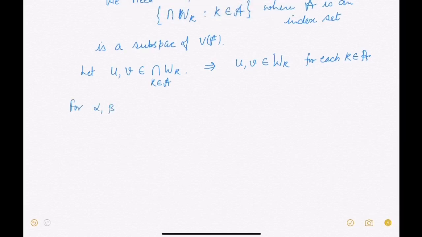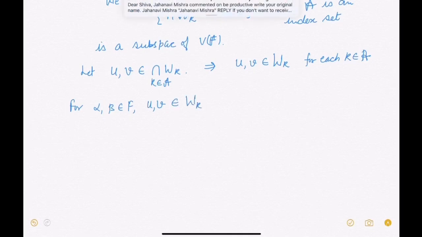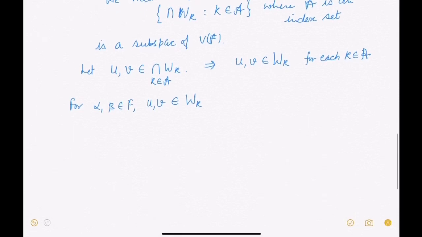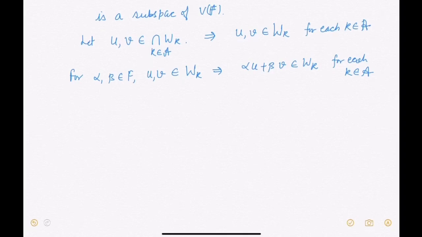Now for alpha, beta belonging to field F and u and v belonging to Wk, this implies alpha u plus beta v belongs to Wk for each k belongs to A. Here also for each k belongs to the set of indices.